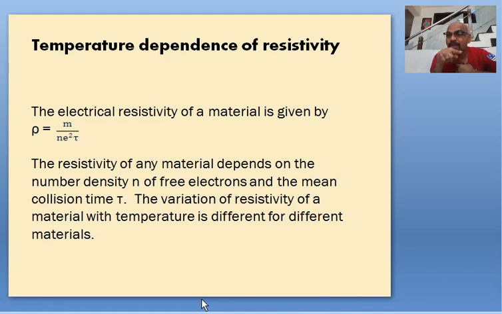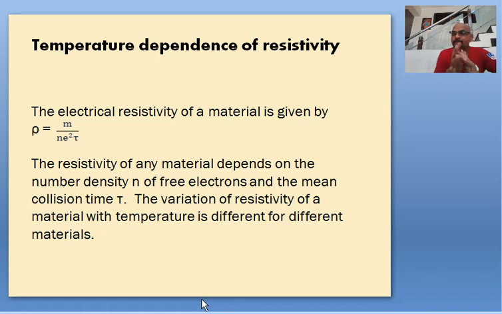Rho depends on n, the free electron density, and tau is the relaxation time, which again depends on temperature. Therefore rho depends on the nature of the material of the conductor and the relaxation time. The relaxation time depends on temperature. That is what you have to understand.